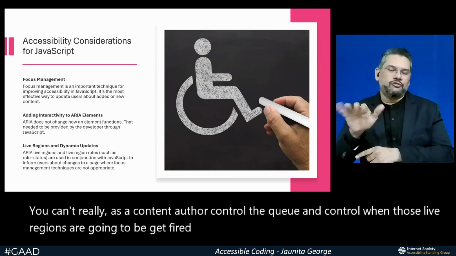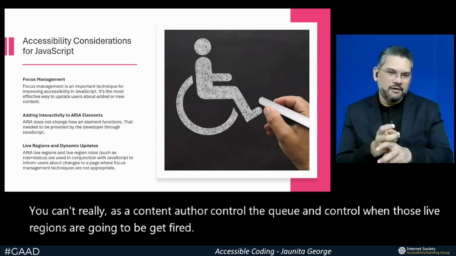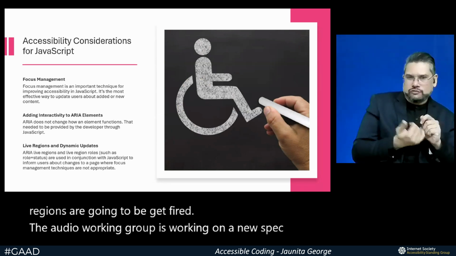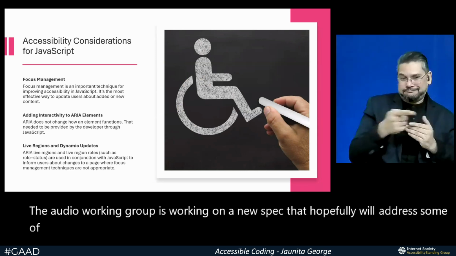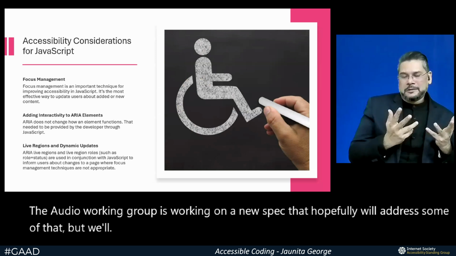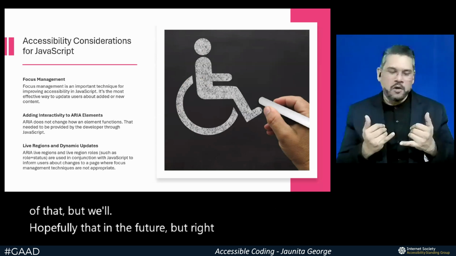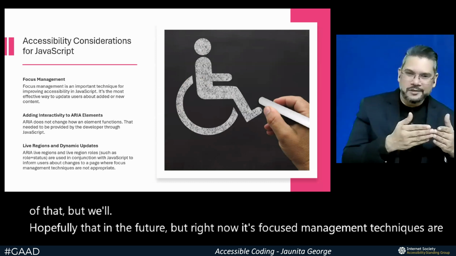The ARIA working group is working on a new spec that will hopefully address some of that, and we'll hopefully see that in the future. But right now, focus management techniques are really the way to go.